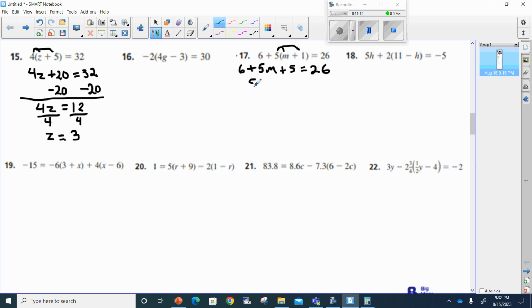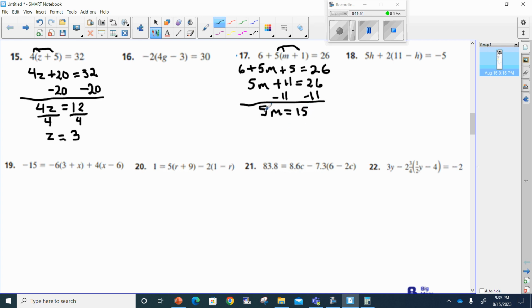So this will make 5m plus 11 equals 26. All right, now we've got to combine like terms on opposite sides. I'll combine my 11 and 26 by subtracting 11 from both sides, leaving me with 5m equals 15.